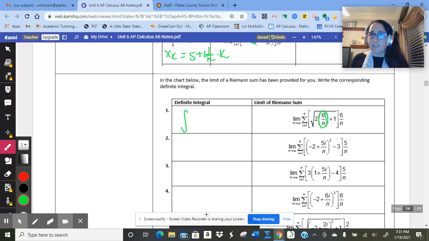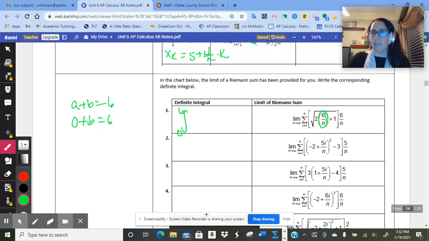There's no plus, so there's no 5 plus that amount or 2 plus that. So it means I had to have started at 0. Then I know that if I ended, a plus b in this case has to equal 6. And if I started at 0, then b would have to end at the 6. So there's that part.